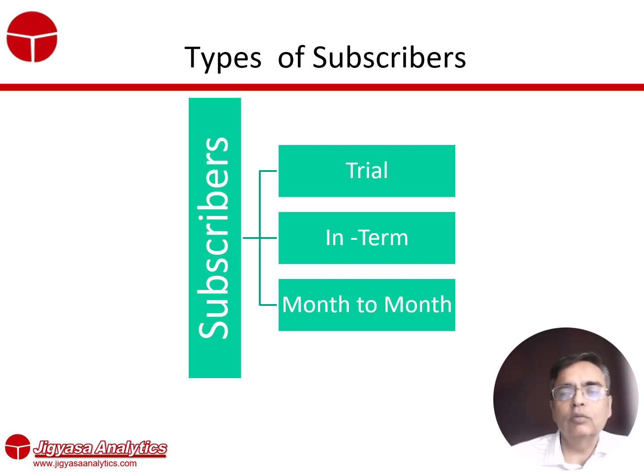They are free to give a month's notice and cancel their relationship with the organization. And what we will talk about in this presentation is the challenges and the opportunities in predicting churn for each of these different type of relationships an organization might have with its subscribers.